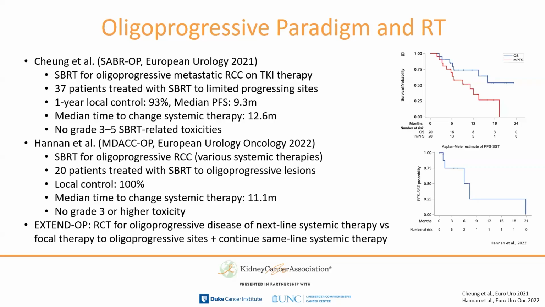It also showed that they could prolong the efficacy of that systemic therapy for about another year, and again, with minimal toxicity from the radiation therapy itself. We are currently awaiting the data from Extend OP, which is a randomized controlled trial of radiation to oligoprogressive sites with the same systemic therapy versus going ahead and switching to that next line of systemic therapy.